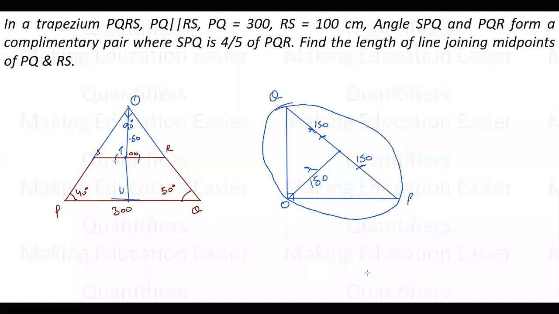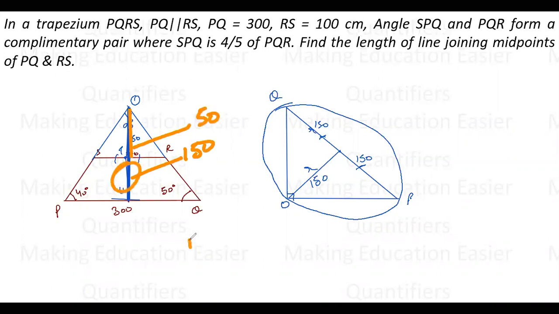So this complete line is 150, and this line was 50. So the remainder would be 150 minus 50, that is 100. So 100 is the required answer of this question.